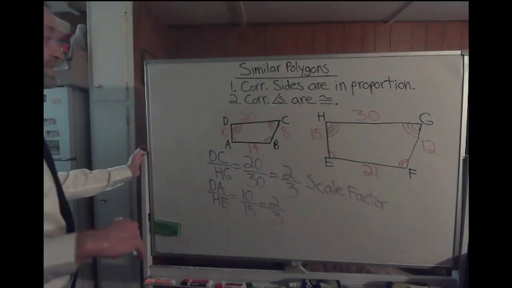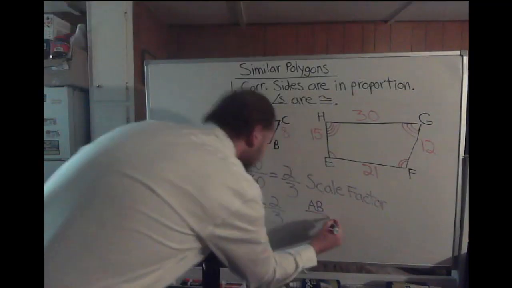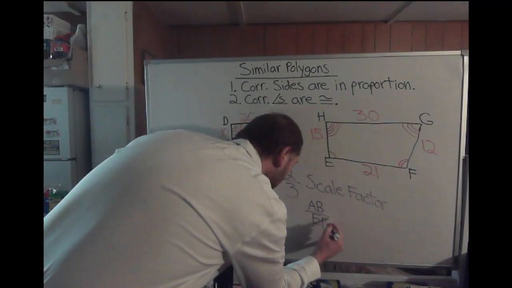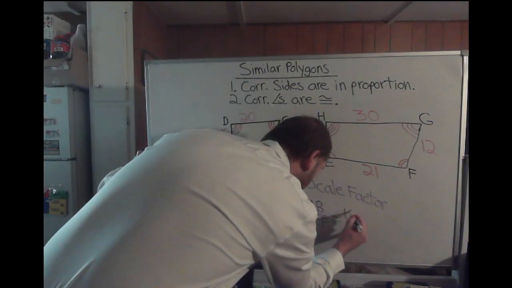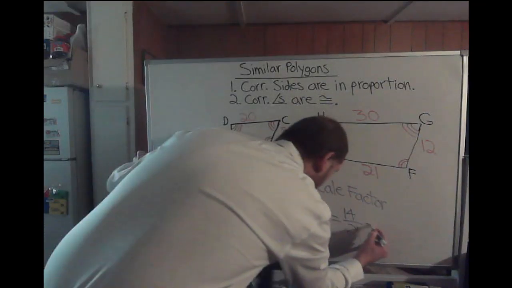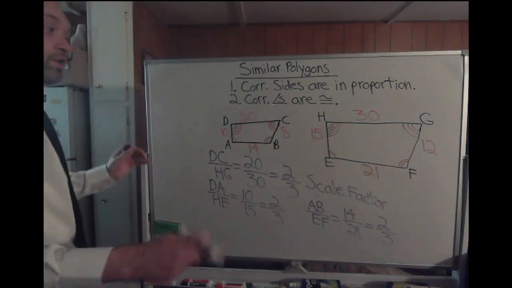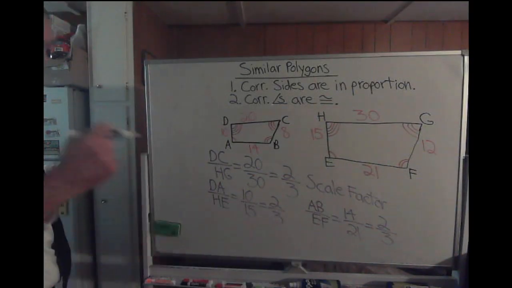Now what if we did AB to EF? That would be 14 to 21, which also reduces to a 2 to 3 scale factor. So far, 3 of the 4 sides have the same scale factor.